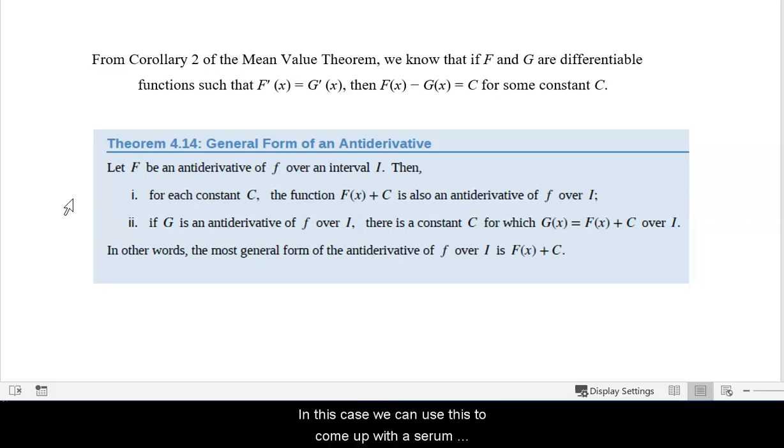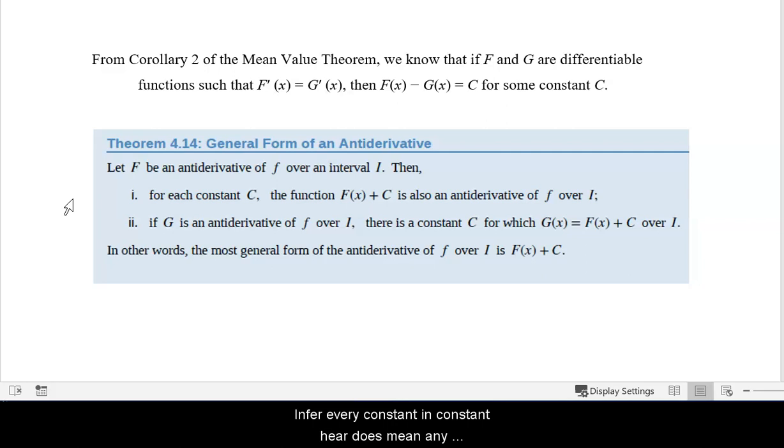In this case, we can use this to come up with a theorem about the general form of an antiderivative. Let's suppose we have a function that we will name lowercase f, and its domain is on the interval capital I. We'll let uppercase F be an antiderivative for lowercase f over that interval, capital I.